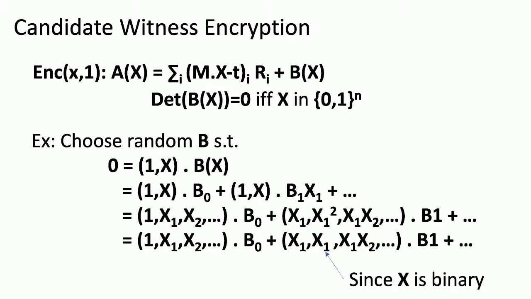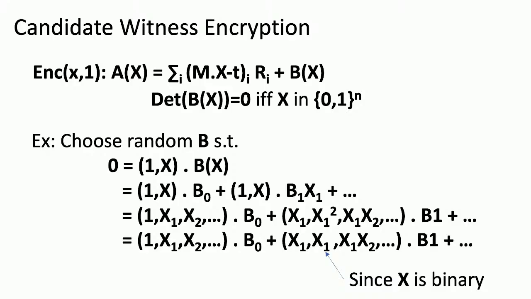And so what's the point? Somewhere in here I need to utilize the fact that the x's are in {0,1}. If I guarantee this naively, that this is identically 0 as a polynomial, I'm still not going to prevent these invalid input attacks. But here's what I do.